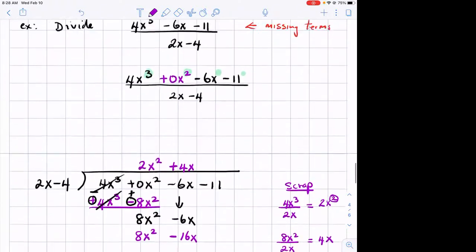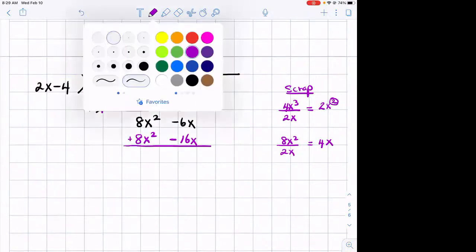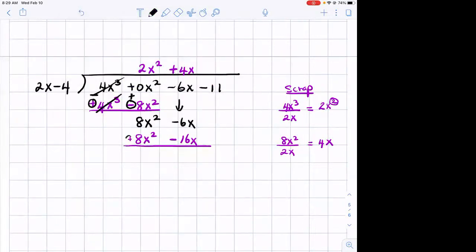Don't forget, this is a plus here, so you have to change your signs. So this becomes a minus, and this becomes a plus. So minus 6x plus 16x becomes positive 10x, and plus 8x squared minus 8x squared will cancel out.